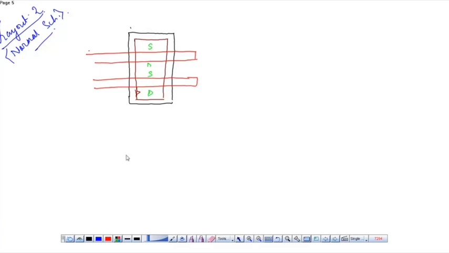Now we have to create the two NMOS and their poly layer, that is their inputs.